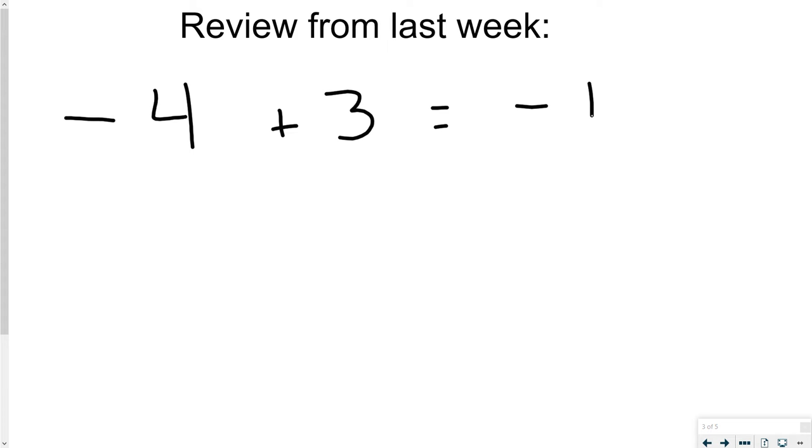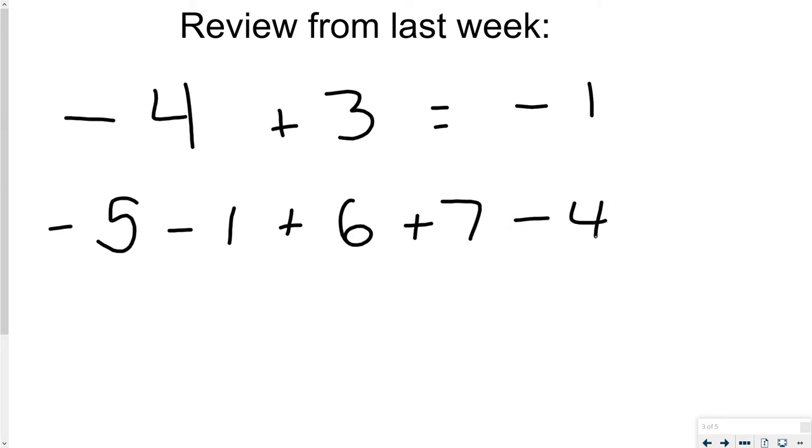If we had a loss of 5, a loss of 1, a gain of 6, a gain of 7, and a loss of 4, then what we did is we put them all together.